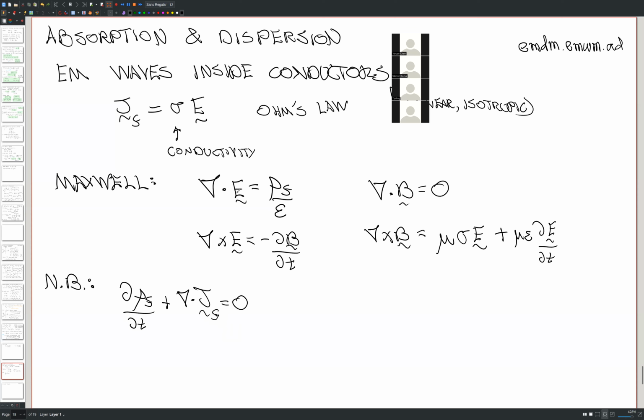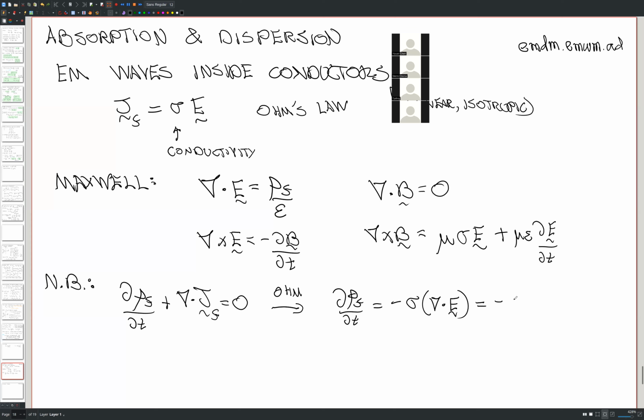Now, if we put Ohm's law directly into this, what this tells us is that the time derivative of the free charge density is, putting this on the other side, minus sigma times div of E. But div of E by Gauss's law is just proportional to the free charge density divided by the permittivity.